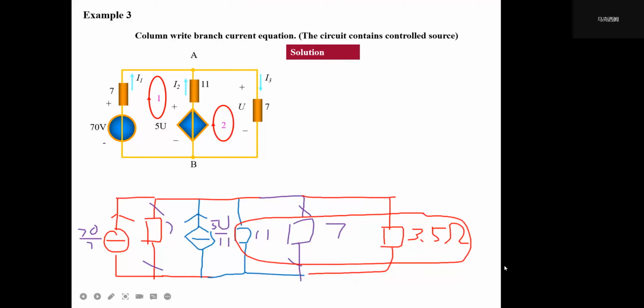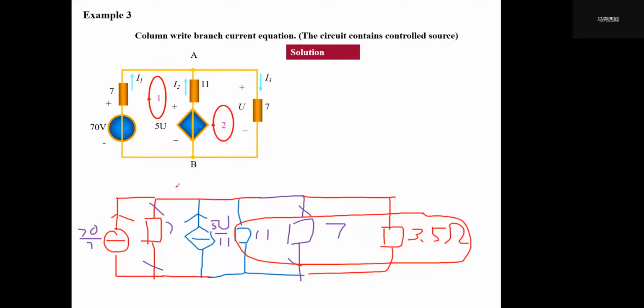So, you see that from the last lecture, we have introduced this trick to transform this combination of series connected voltage source into parallel connection of a current source and a resistor.